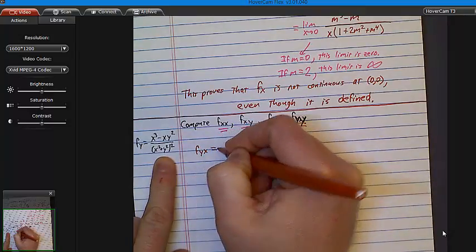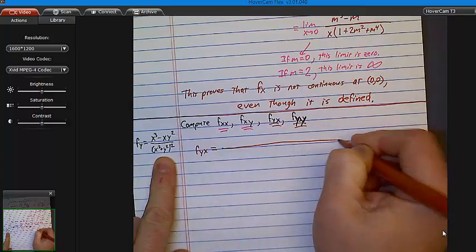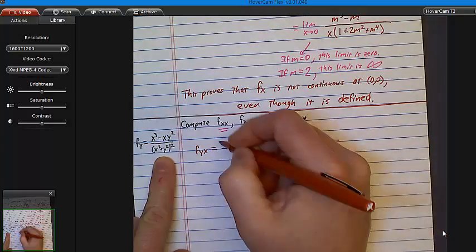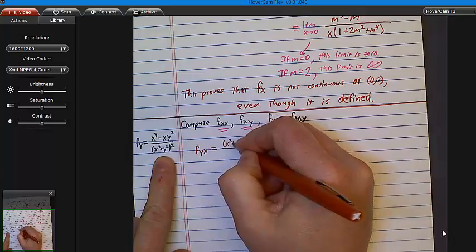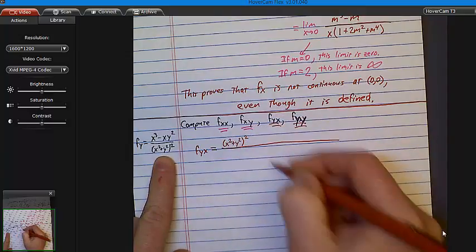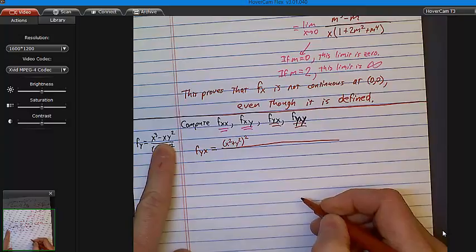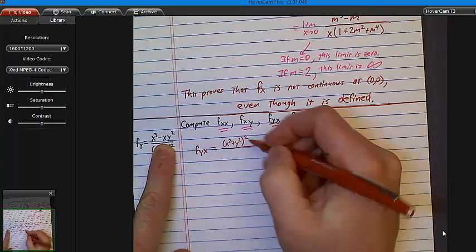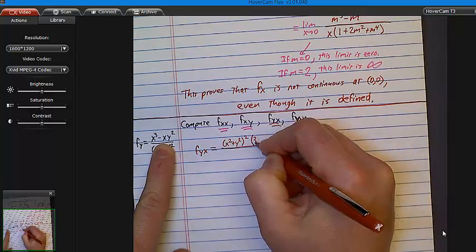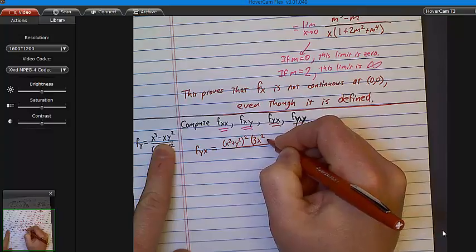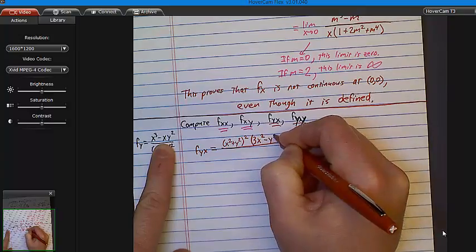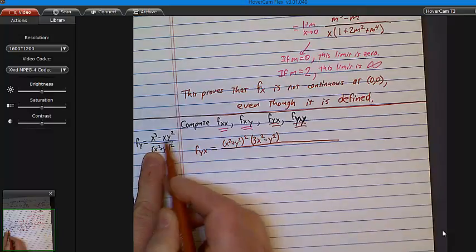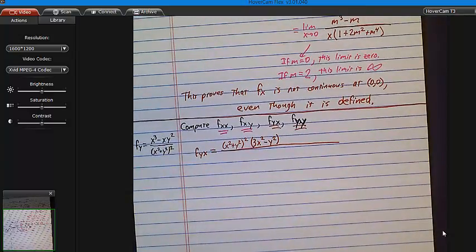So here I go. fyx equals, Hi-Dee-Ho. So it's x squared plus y squared, squared, times the derivative of the top. But I'm taking the derivative with respect to x, I'm treating the y's as constants, so it would be times 3x squared minus y squared, because y squared x just becomes y squared, right? So far so good?